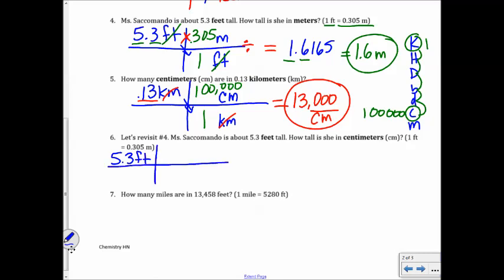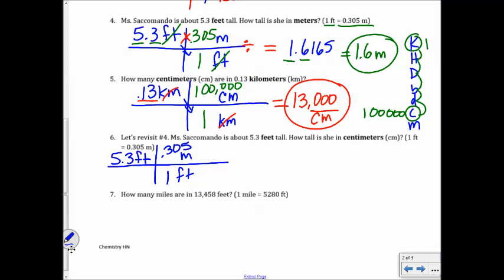And I'm going to follow what I did in number 4. I'm going to change my feet to meters. So 1 foot equals 0.305 meters. But I don't want meters. I'm going to continue on and keep converting till I get to centimeters.